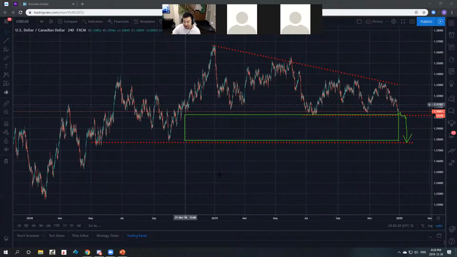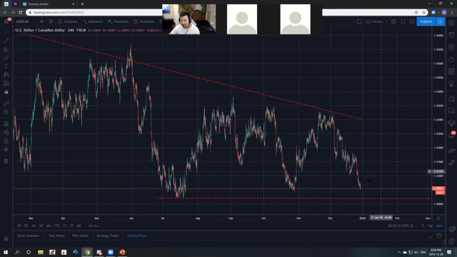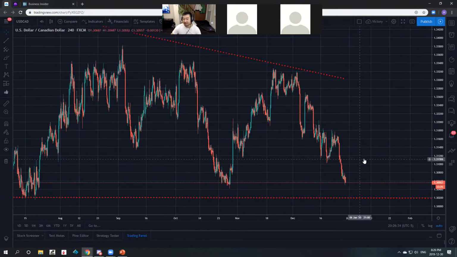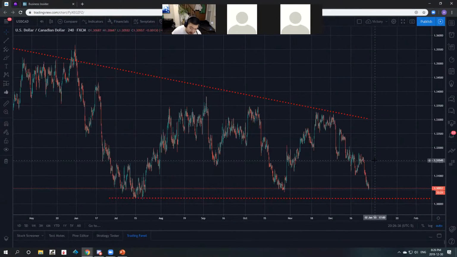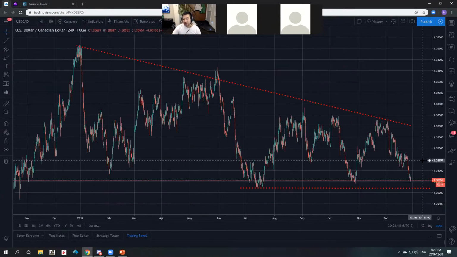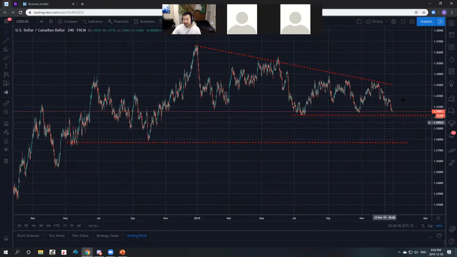Like for me, right here, I'm looking at this and over the last couple of days, man, I conflict with myself, right? On one hand, I know I shouldn't be trading because there's no volume in the markets. But on the other hand, I see this technical pattern right here and I want to be on this trade, right?